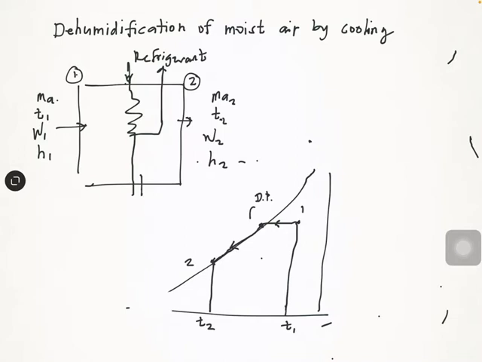Okay, so draw a vertical line again. This is the temperature of your dew point 1. Okay, so at this point, point 2, we extend this line here.